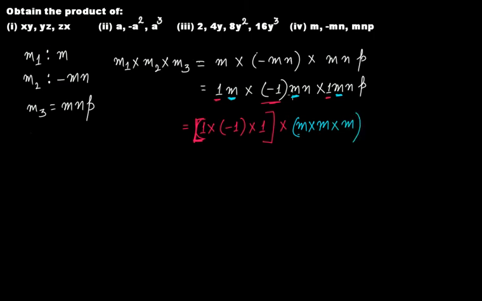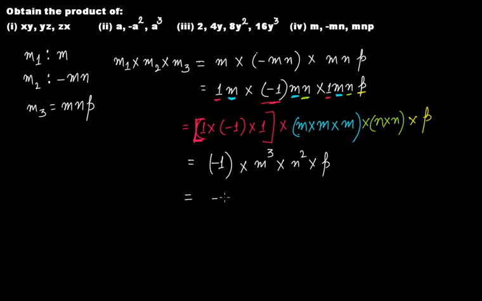Then you have n here, you have n here, and then you have p here. This is minus 1 multiplied by m cubed multiplied by n squared multiplied by p. Now this can be written as minus m cubed n squared p. So this is your answer.